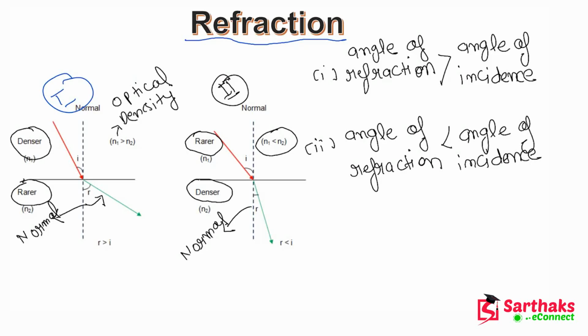Now you might be confused that when we were studying reflection, R referred to the angle of reflection. But here, what we are studying is refraction. So that's why R denotes angle of refraction. I hope guys you got my point.